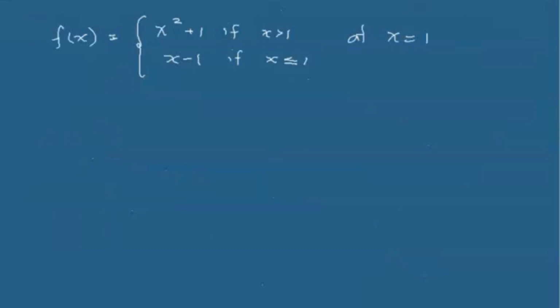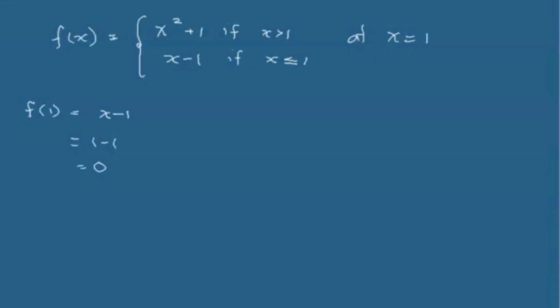f of x is equal to x squared plus 1 if x is greater than 1, and x minus 1 if x is less than or equal to 1, at x equals 1. Let's start by identifying if the function exists at x is equal to 1. If it's equal to 1, we will use x minus 1. So 1 minus 1 is 0. So it exists.